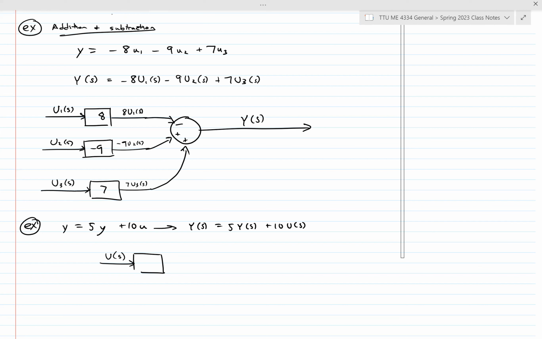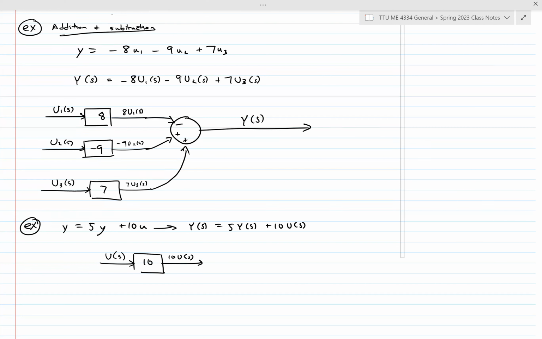I don't see a 2 anywhere here. You participated again a lot, so let's let other people get a shot. Somebody over here. Okay, too many. Let's do hands. It's just too hard to control here. So I think you had your hand up first. Yeah. 10, right? So what's coming out of this? 10 U of S.